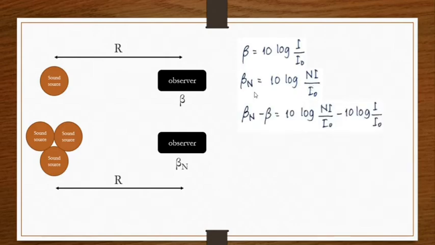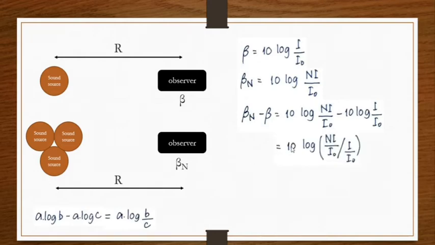And if I subtract beta n minus beta, it will be 10 times the log of nI over I naught minus 10 times the log of I over I naught. And for logarithm, a times the log of b minus a times the log of c will be equal to a times the log of b over c. So it will be equal to 10 times the log of nI over I naught divided by I over I naught.